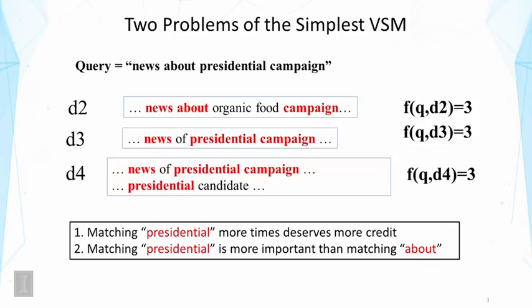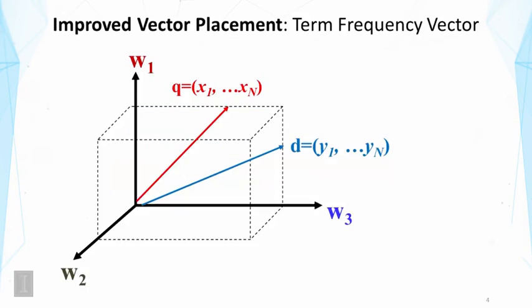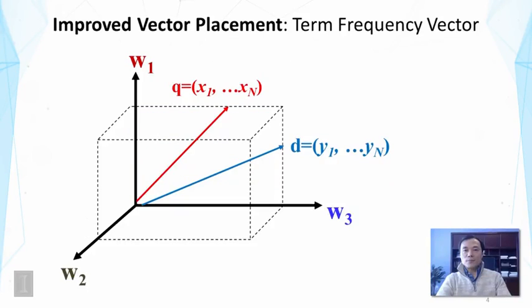So then, naturally, in order to fix these problems, we have to revisit those assumptions. Perhaps we will have to use different ways to instantiate the vector space model. In particular, we have to place the vectors in a different way. So let's see how we can improve this.